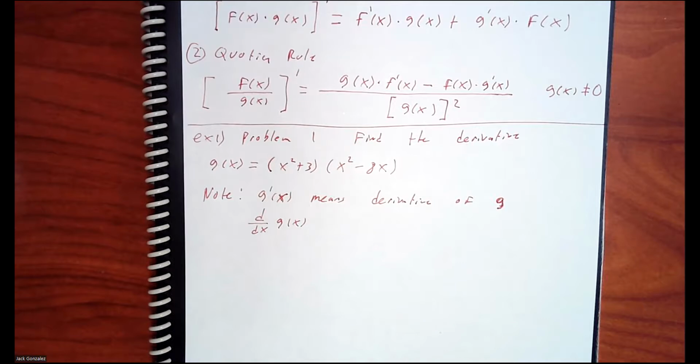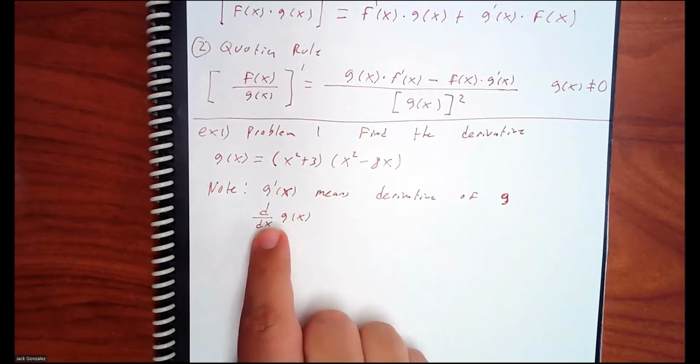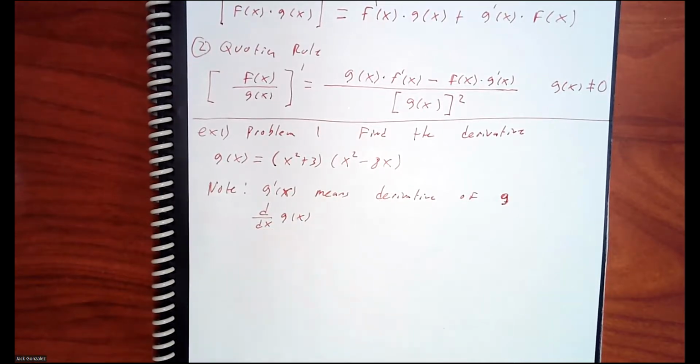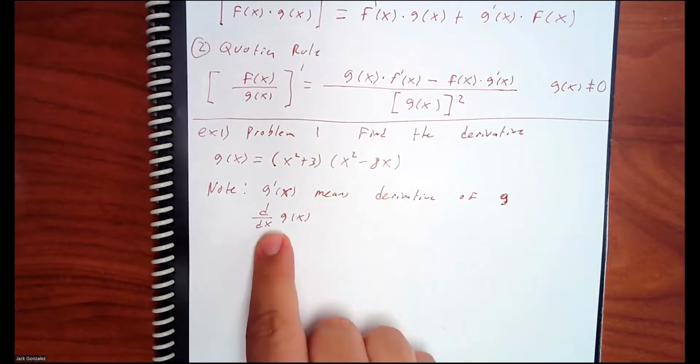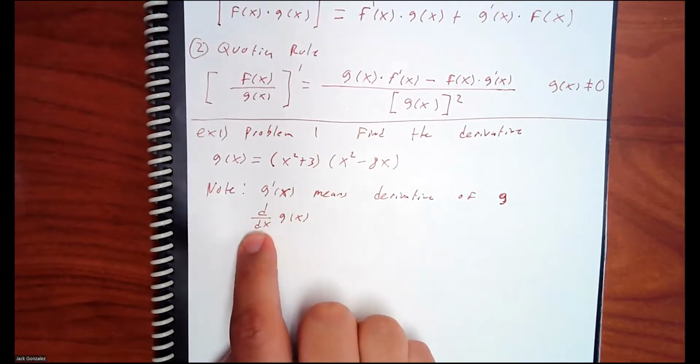Of course, in this class we're only doing derivatives of one variable, but when you get to calculus 3, you'll be doing 3-dimensional derivatives and integrals. Some variables become constant, some are considered variables depending on what derivative we're taking with respect to. But again, that's way later. Don't worry about any of that. But the notation is important: d of g with respect to x.